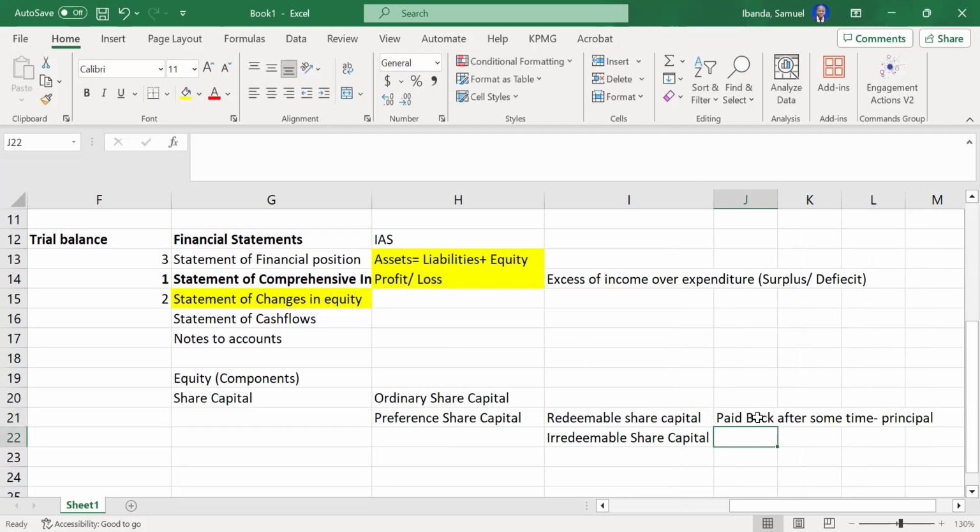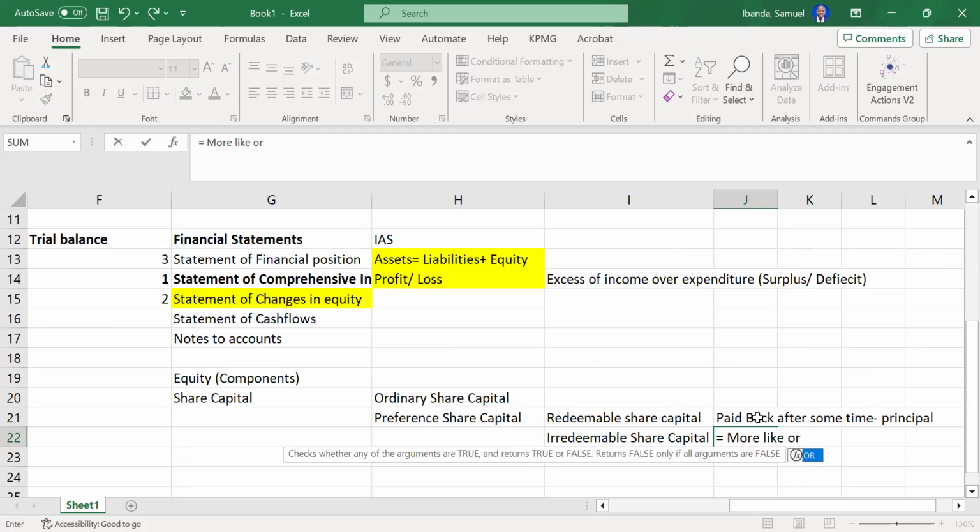Now, irredeemable, these are more like ordinary shares, but with preferential rights.